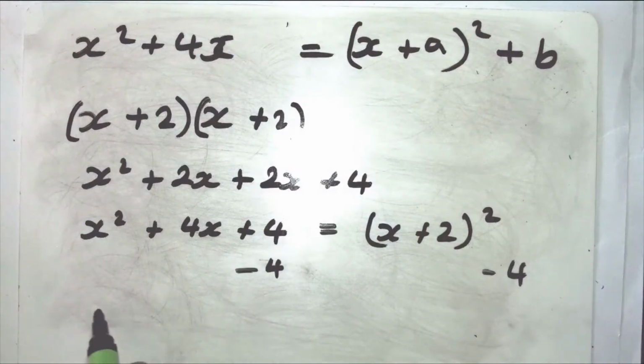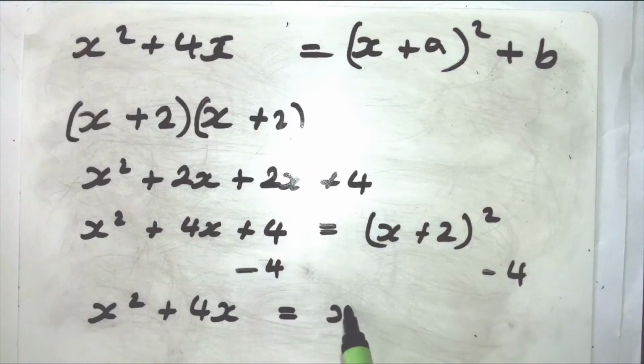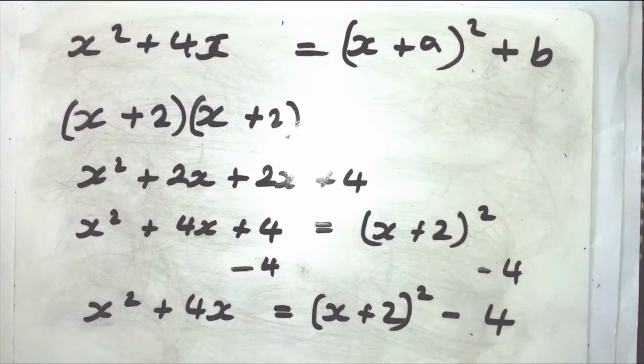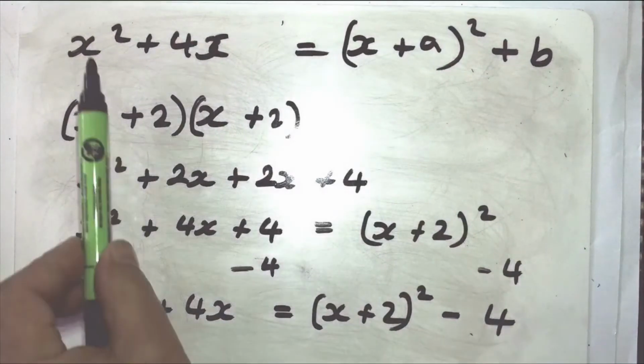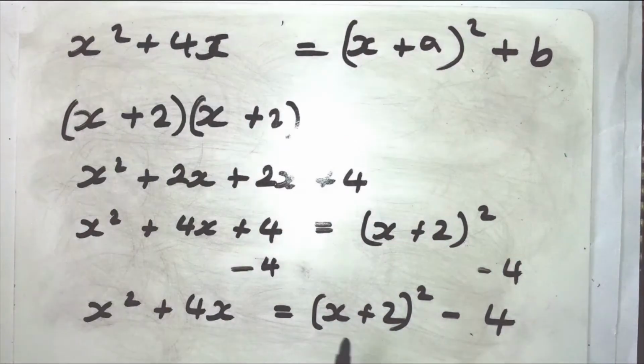So now what we end up with is x squared plus 4x is equal to x plus 2 all squared minus 4. So now what we've done is we've written this x squared plus 4x in the form of completing the square, where you've got x plus 2 inside the bracket all squared and minus 4 on the outside.